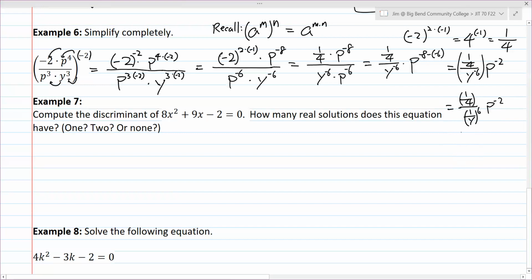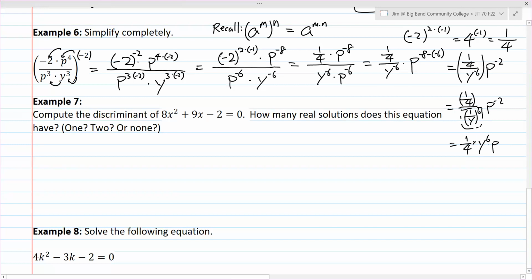So if we have that, then that means we have 1 over 4 times y to the positive 6. Because if you get rid of the main fraction at the denominator right there, then you just have to flip the y. You have to invert the y again to get y to the 6. That's how the trick works.